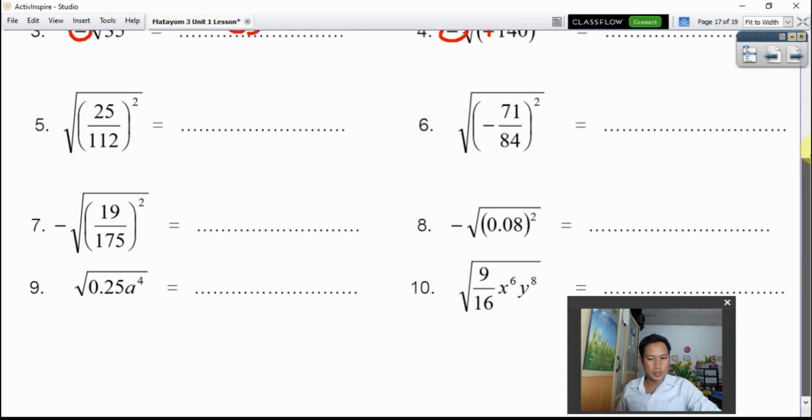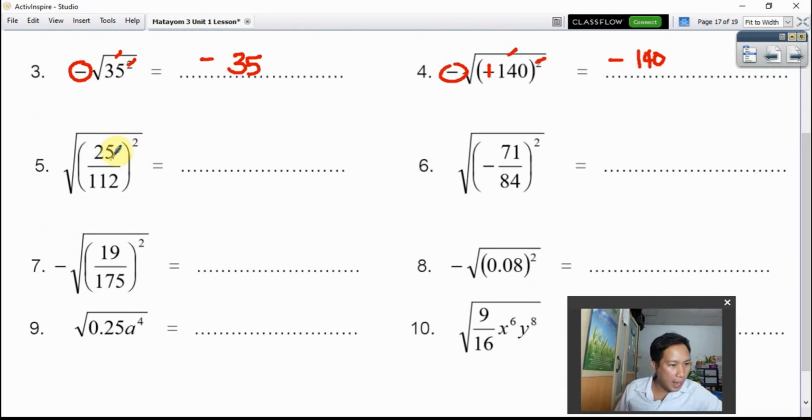Okay, let's move on to number 5. So we have 25 over 112. Maybe you think, Teacher David, do we need to make this into a square? No need. We have a square already. So we cancel it out and you will get 25 over 112.